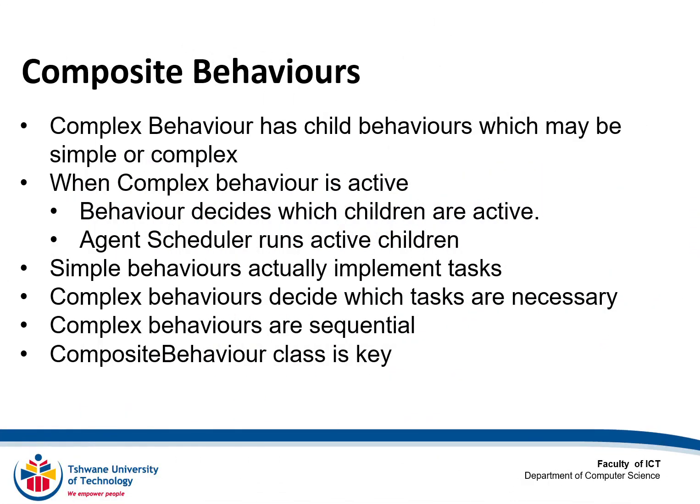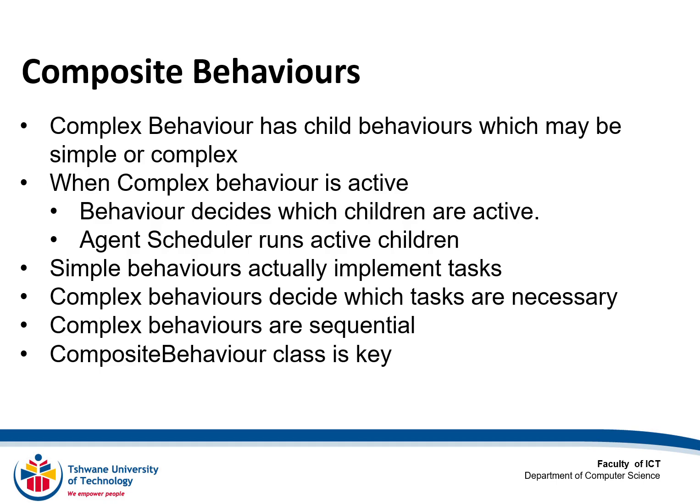Okay. We've dealt with the main types of behaviors in the previous lesson, and in this lesson I want to delve a bit deeper into the concept of behaviors. We've got what we call composite behaviors, and in there we've got complex behaviors, which have child behaviors that may be either simple or complex.